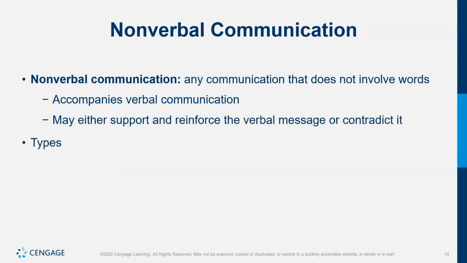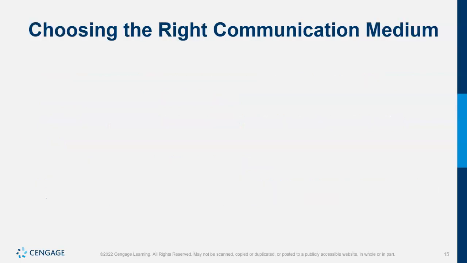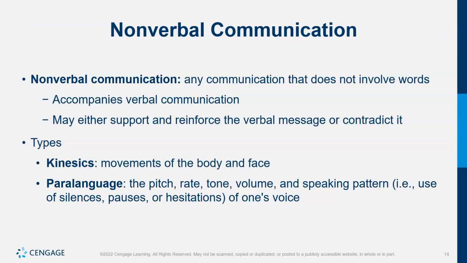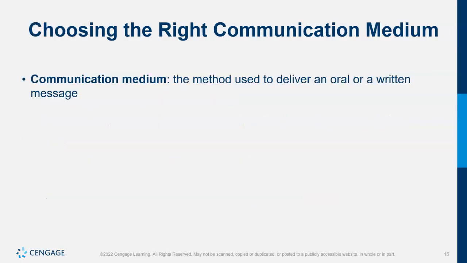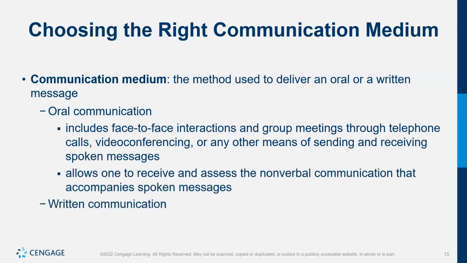There's also nonverbal communication. These include things like the movements of your body, your facial expressions, and the pitch, the rate, the tone, the volume, and speaking patterns of your voice. Those all play into our nonverbal communication. It's also important to choose the right type of communication, whether it's oral or written, and there are all kinds of different ways.